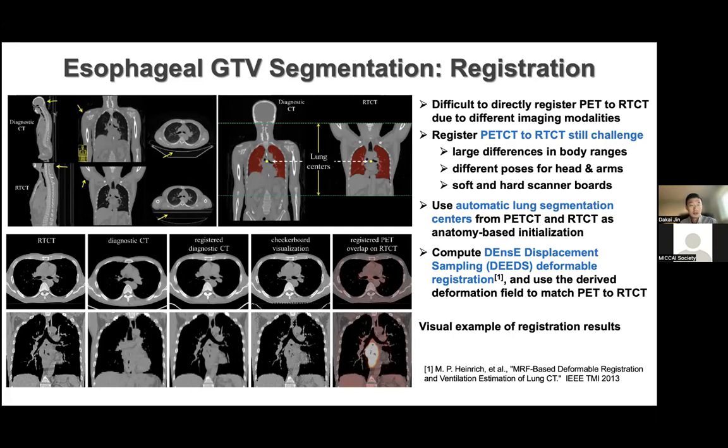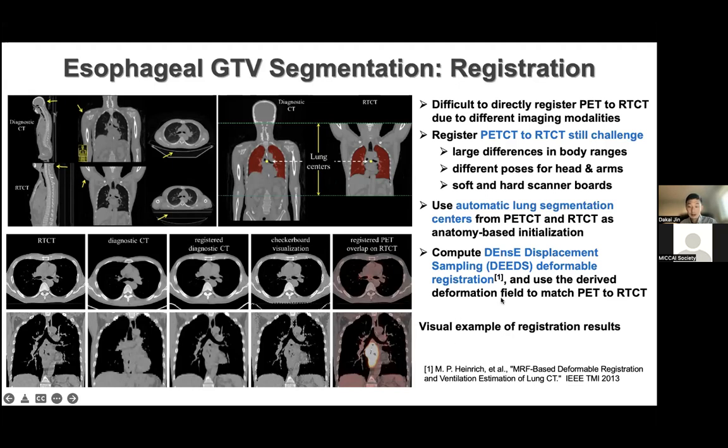However, for the PET scans, there's often a PET CT, or we can call it diagnosed CT, available. So this CT is aligned with the PET. So then we can use this diagnosed CT to register to the RT-CT, and then apply the deformation field to the PET so that the PET and RT-CT can be aligned.